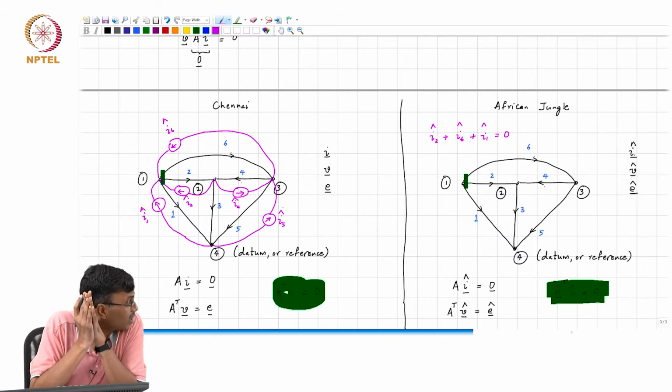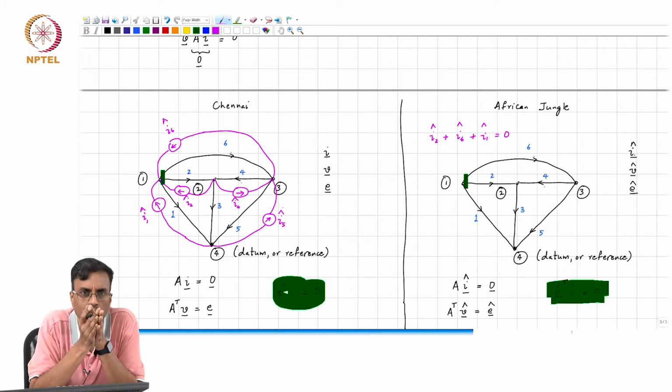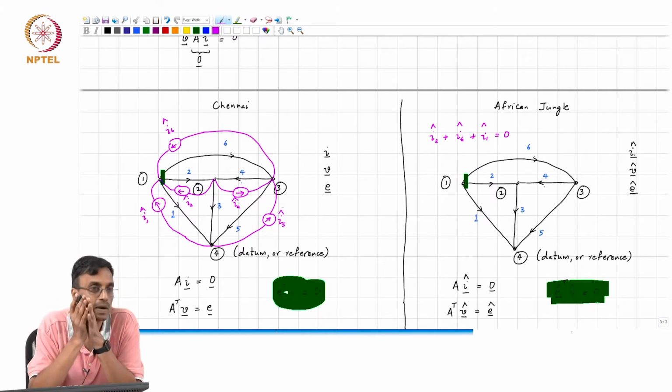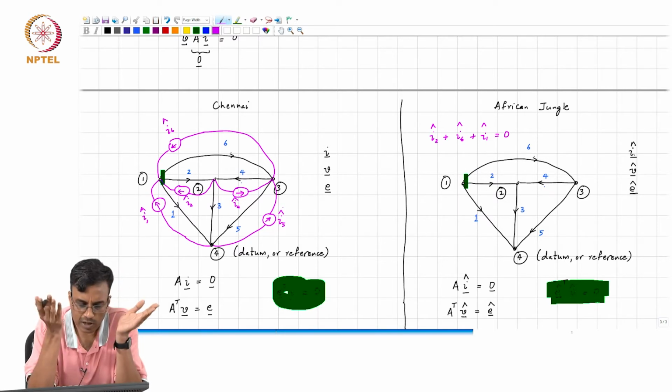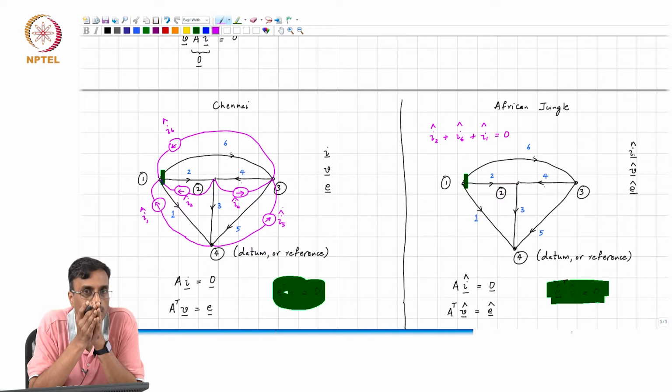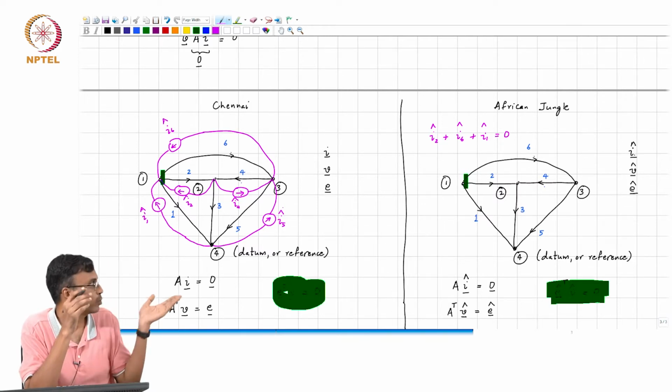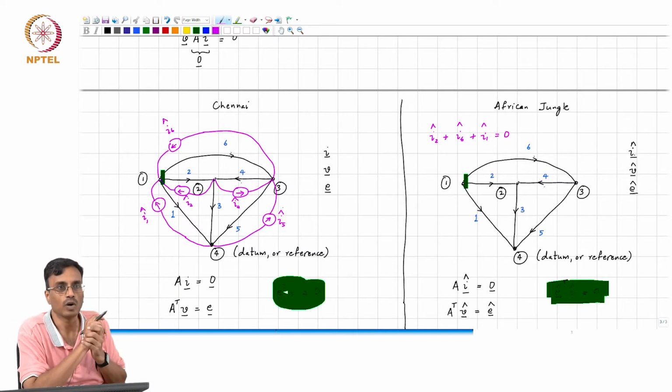Please note that I am putting a current across every branch, but these currents are not chosen in an arbitrary way, they are chosen in a special way. What is so special about the way I have chosen these currents in pink that I have added here? Yes, all those currents satisfy Kirchhoff's current law, correct.